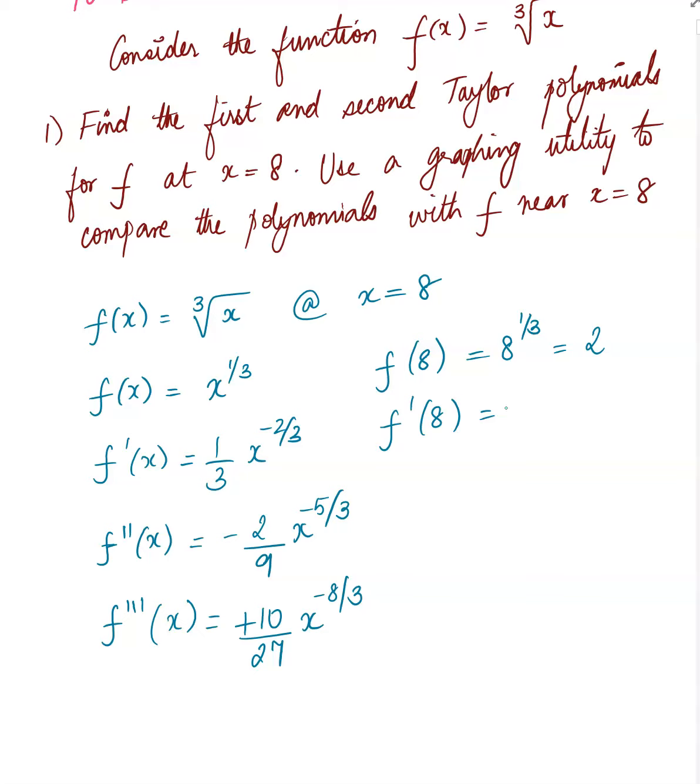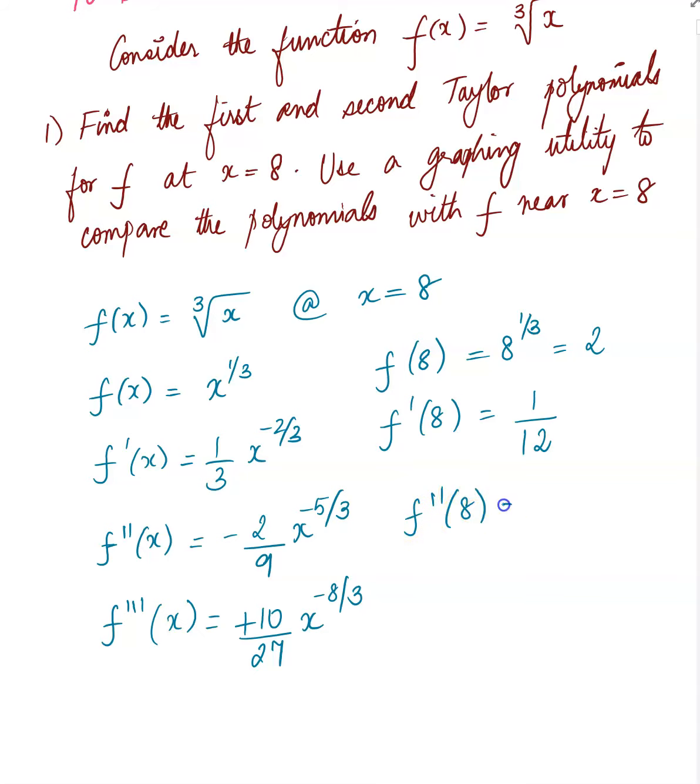The only catch is it won't be a terminating decimal number. Because this, as it is, is an approximation, we don't want to approximate it too early. So when you apply this, you get 1 over 12, because the cube root of 8 is 2. So 2 to the power negative 2 is 1 over 4. So 1 over 3 times 1 over 4 is 1 over 12.